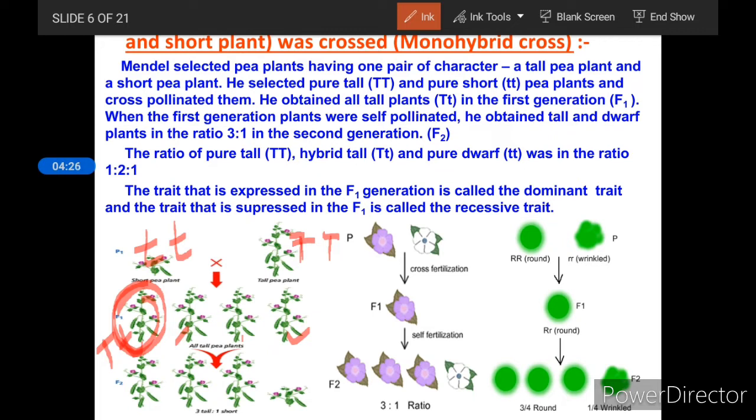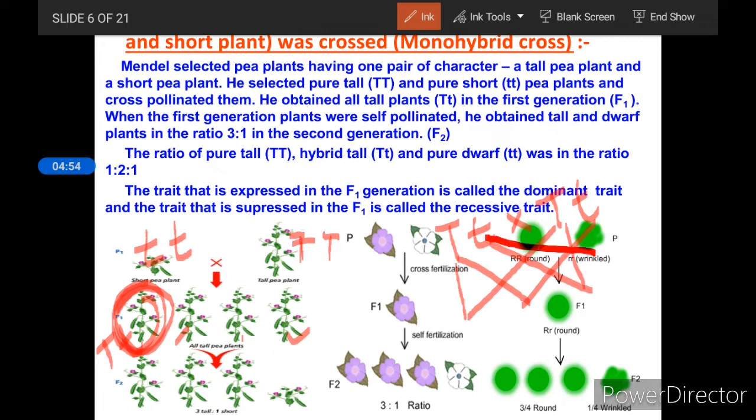Self-pollination means transfer of pollen grains from the anther to the stigma of the same flower. So what he did was take a selected plant from F1 and self-pollinate it. What was the result he got? It will go like this.